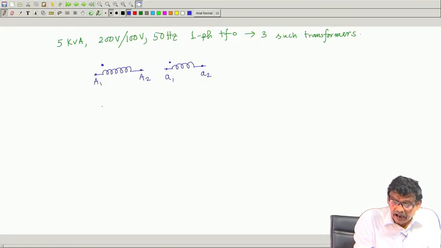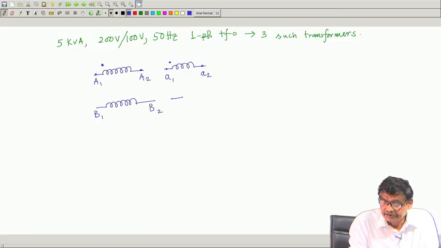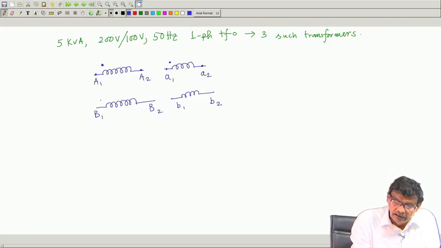In the same way, I will have the second transformer, which I am drawing below, B1 and B2. You understand now, and its secondary small b1 and small b2. And similarly, these two fellows are dots.